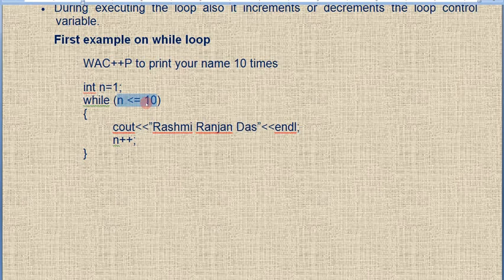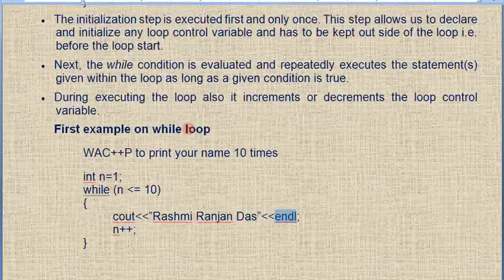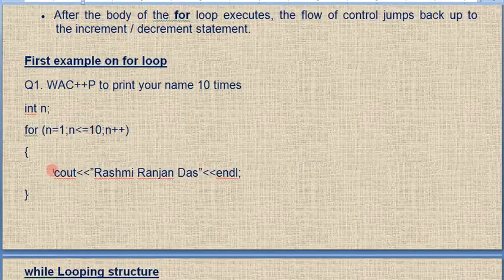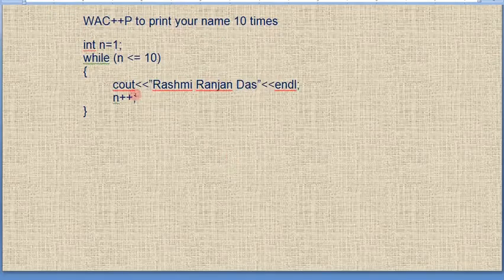Then what does it have to do? cout your name and endl for bringing the statement to the next line. We simply copied this line from here itself, so no explanation is required, I think.